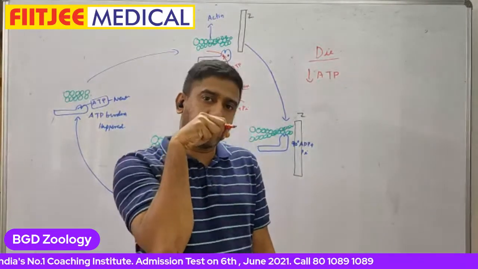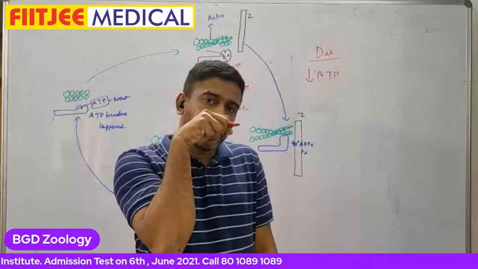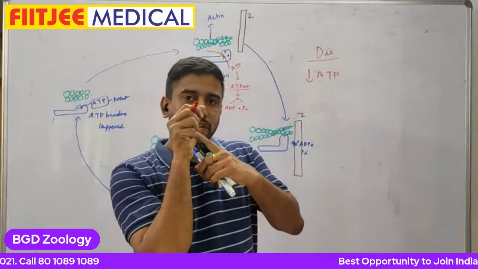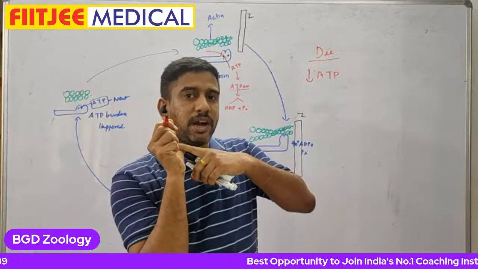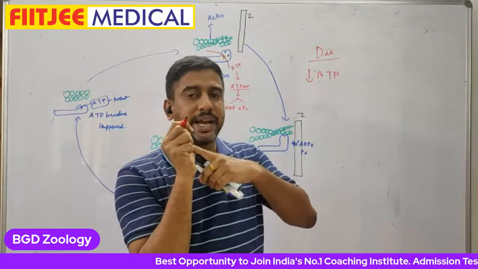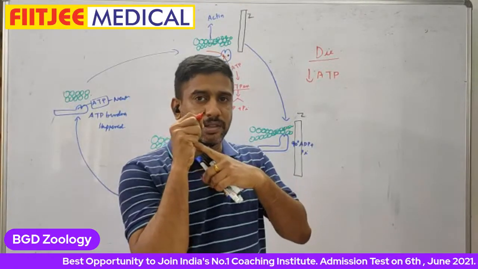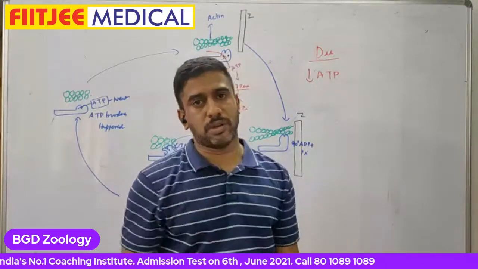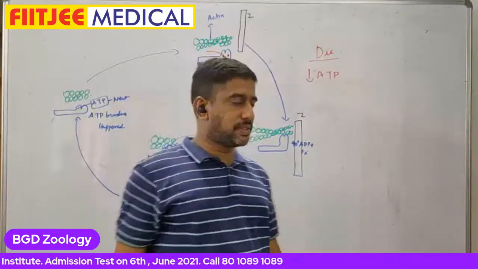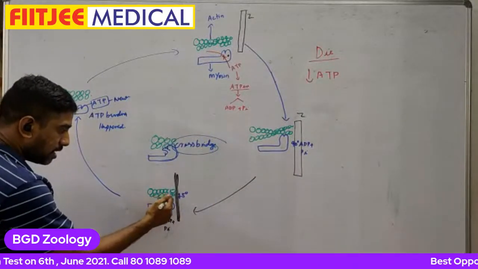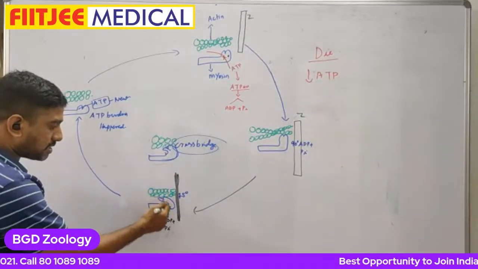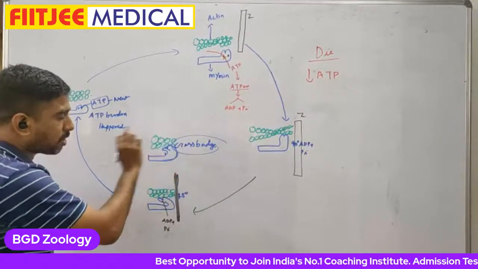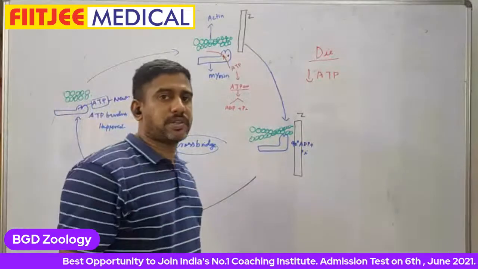So what will happen? The patient's hand will stay like this only. If you do not keep the patient's hand in the proper way immediately after the death, then as time progresses, you cannot move the hand into the normal position. The reason is that you cannot release this contraction, you cannot remove this cross bridge mechanism, as time progresses.